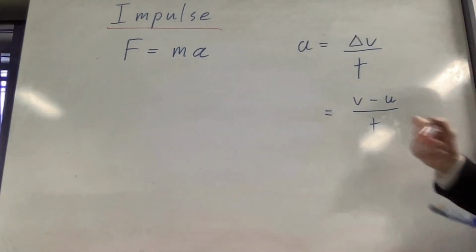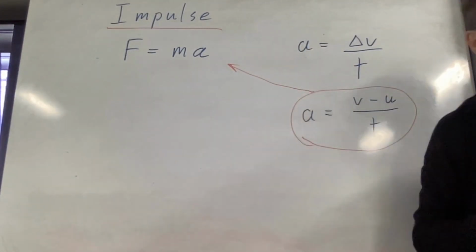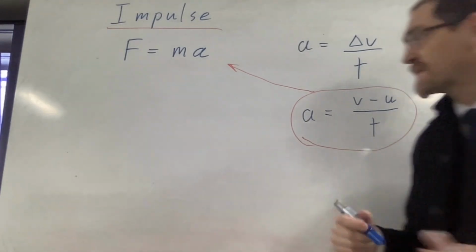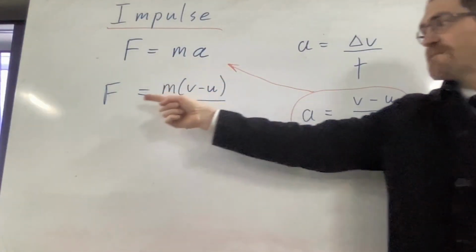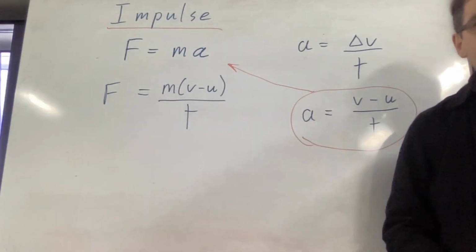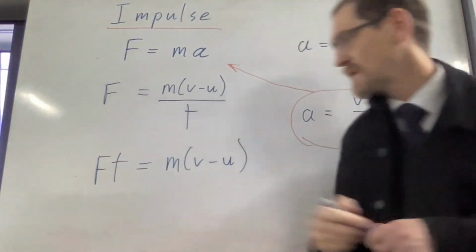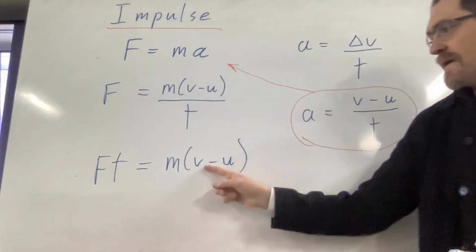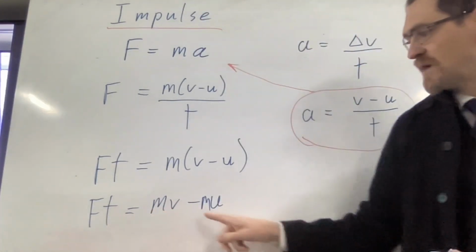So if we bring this over here and swap out that a, what do we end up with? Our Newton's second law becomes force equals ma, where a is v minus u on t. Multiply the t over to the F side, we end up with Ft equals m(v minus u). Ft equals mv minus mu.